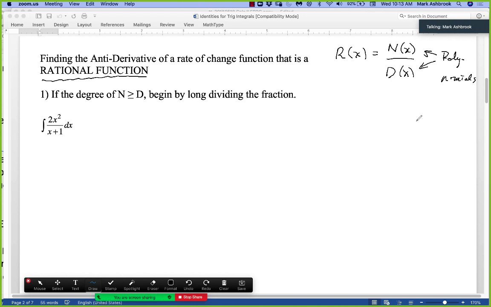So if you have one polynomial divided by another, that forms what's called a rational function. I'm calling the numerator polynomial n(x) and the denominator polynomial d(x). Those are both polynomials. What are polynomials again? You always have whole number powers and any real coefficients.